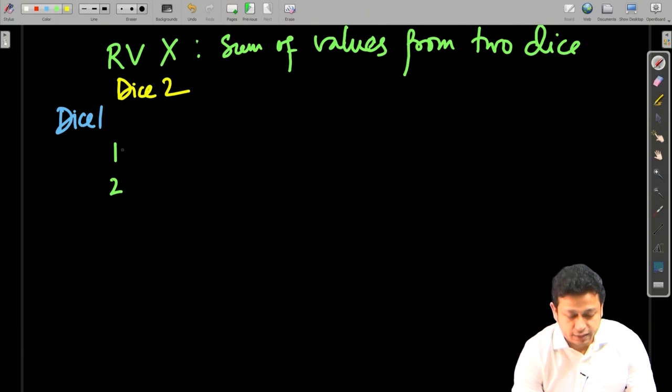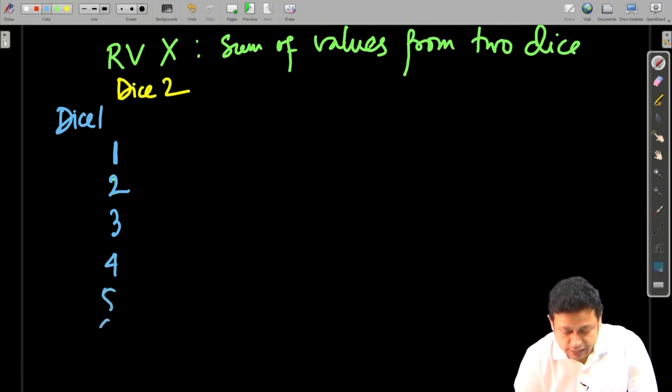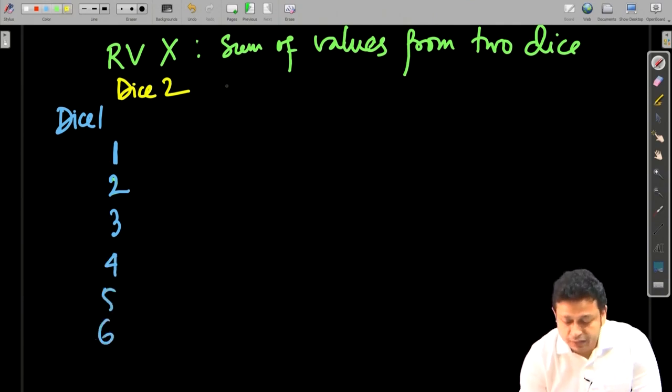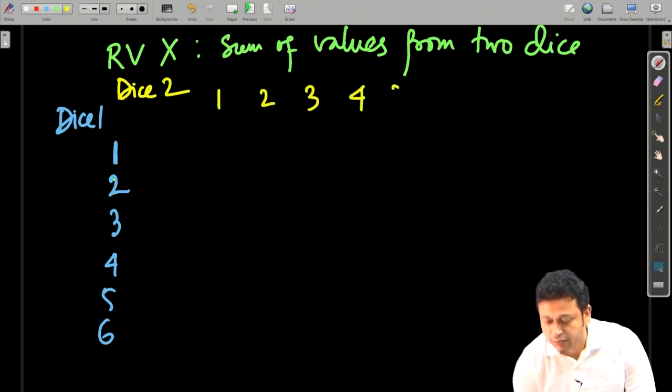These are the values you can get, 1 to 6 for dice 1, and for dice 2 also you can get these values 1, 2, 3, 4, 5, 6.